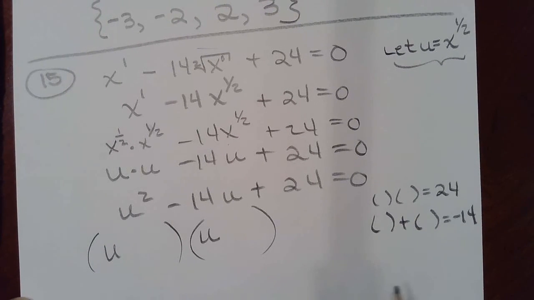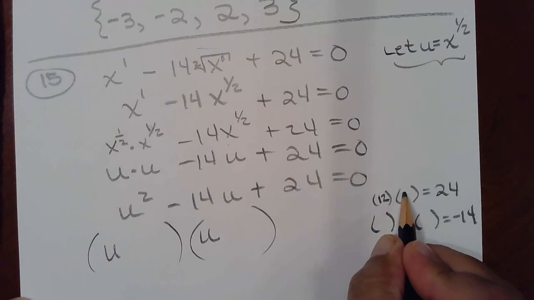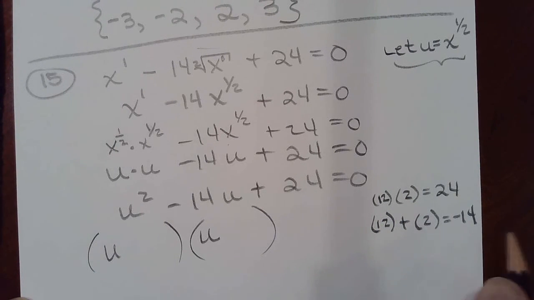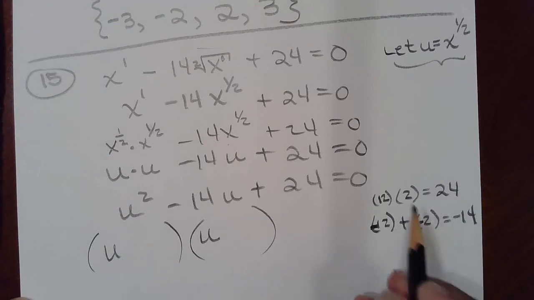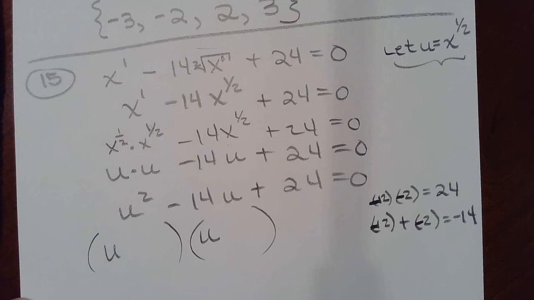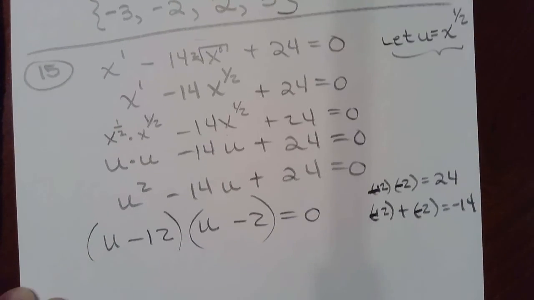Now there's a lot of ways to get 24, but if we're trying to get a 14 out of it, 12 and 2 would work. Now, if you want this to be negative, both of these could be negative. That way, when you add them up, they combine together to give you -14. But when you multiply two negatives, you get a +24. So those are the ones that work. So you now have it factored.